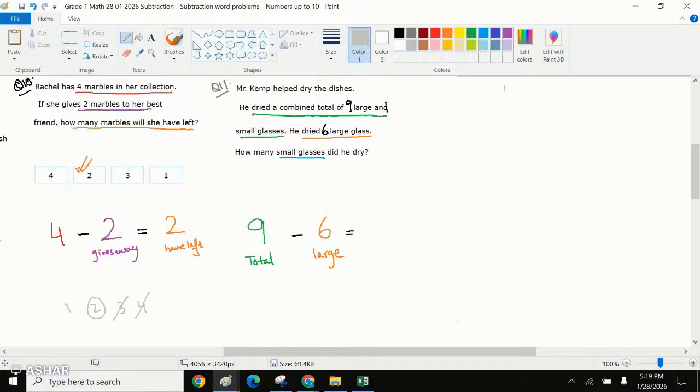So we know that if the total was 9, we can say 1, 2, 3, 4, 5, 6, 7, 8, and 9. If these were 9 total glasses, 6 of them were large. 1, 2, 3, 4, 5, and 6. That means they're left with 3 small. Agreed? So we just try to change the number to see what could be a possibility over here.